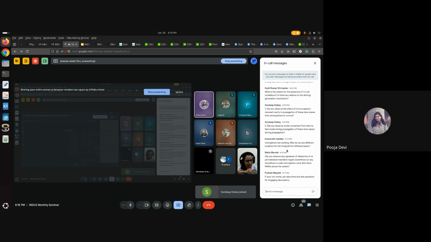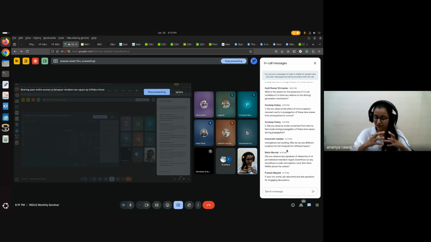Okay, so a question from Biswanath is why do we see different locations for the foot points of different layers? We see different locations of these foot points because these fan loops are moving like this in the coronal image. So in the umbra, again there is a certain inclination. That is why the loop foot point is shifted towards the umbra.